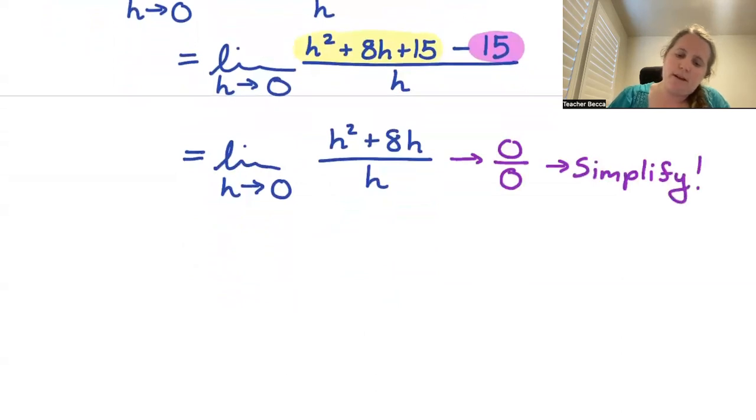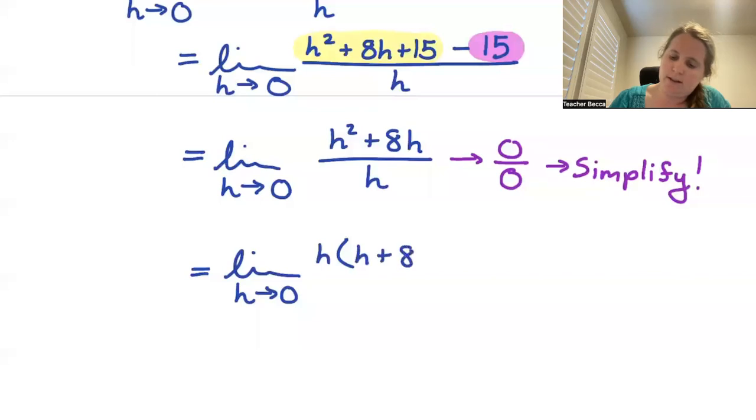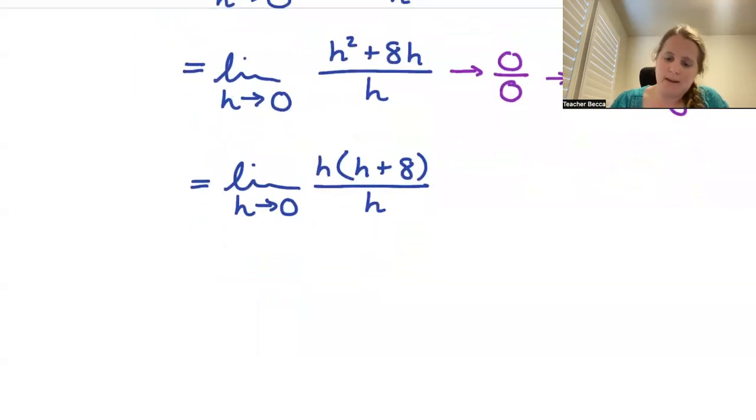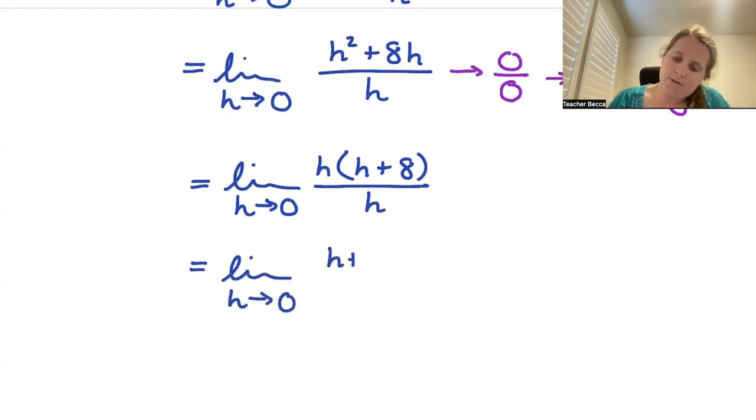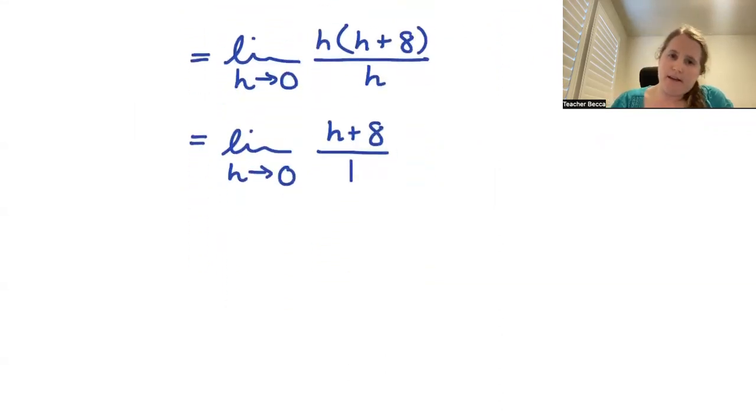We can factor an h out of that numerator. We are looking at the limit as h goes to 0 of h times h plus 8 all over h. That is the same as the limit as h goes to 0 of h plus 8 all over 1, or just h plus 8. And as h goes to 0, we simply get 8.